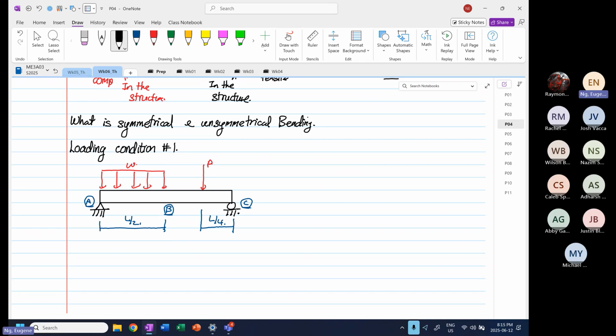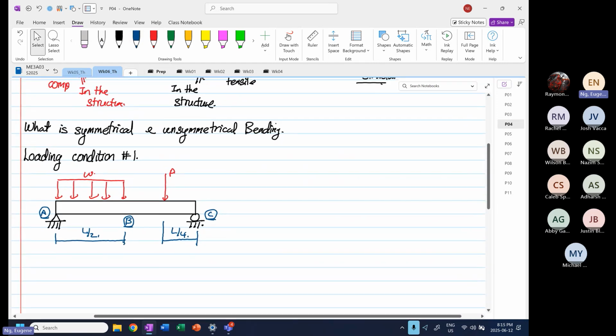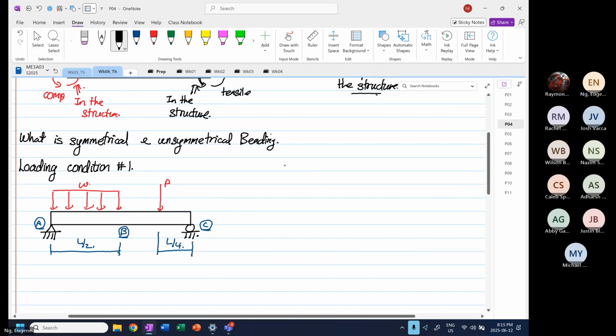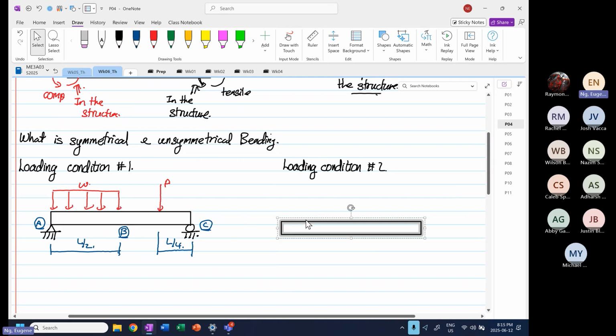Then we look at loading condition number two. Loading condition number two is slightly different.